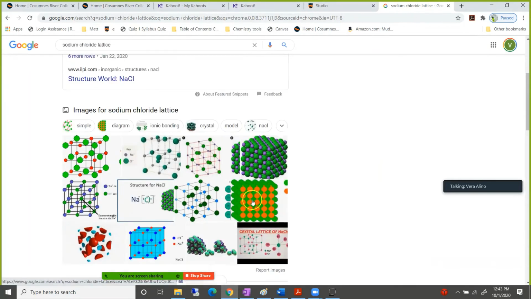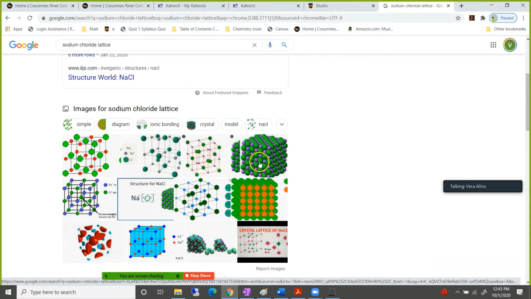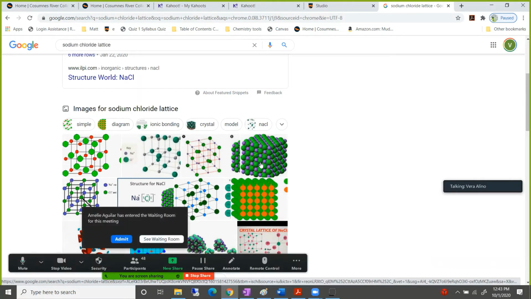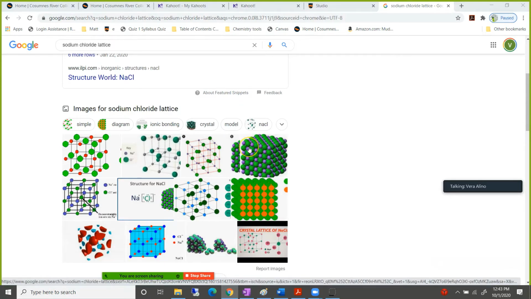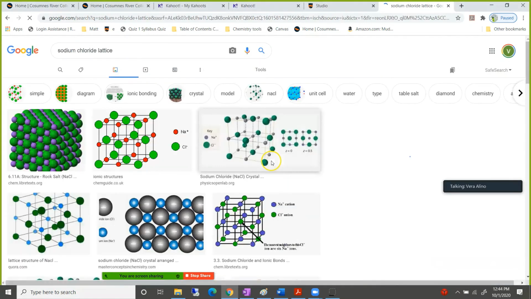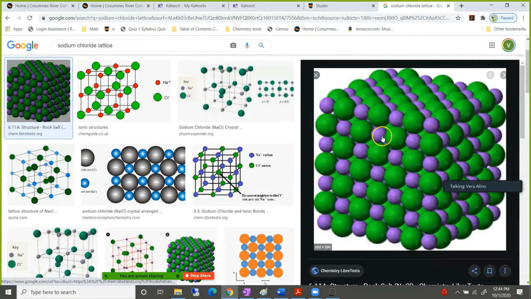It's going to appear like this. This is what your sodium chloride or table salt looks like under a magnifying glass. You have your sodium, the green sphere, interacting with the purple chlorine atoms, and they get stacked because each sodium is attracted to the negative chlorine. So you can see there's some interaction happening. Kind of like magnets, they rearrange themselves into these beautiful lattice structures.